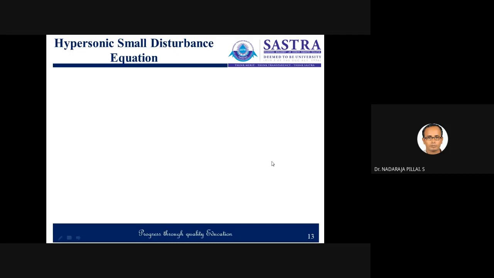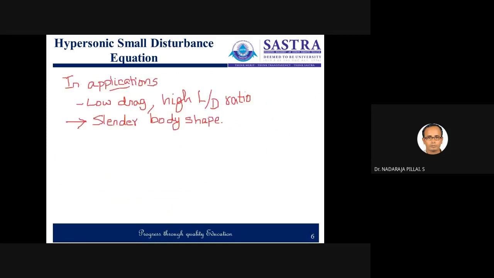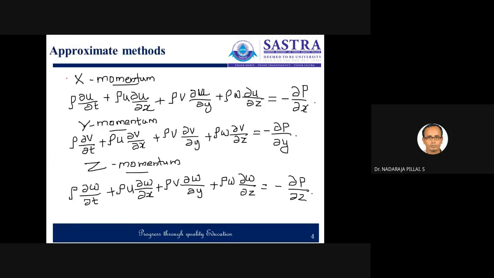So here, let us now express the steady Euler equation in terms of perturbation velocities u dash and v dash. Since it is a steady Euler equation, we will be neglecting the terms with respect to time. So probably these terms will be neglected.